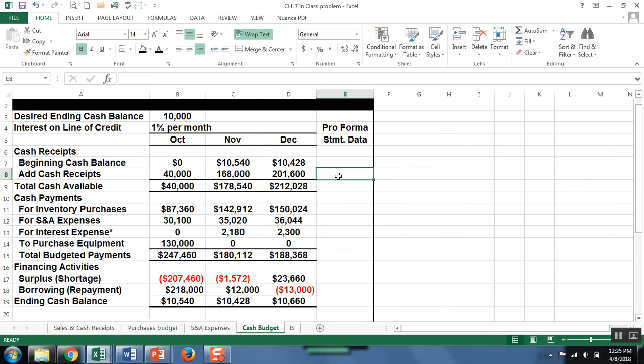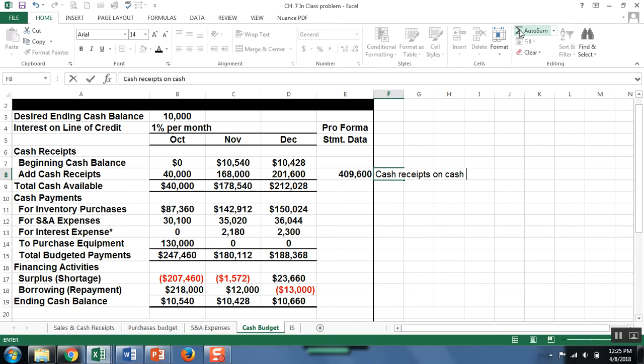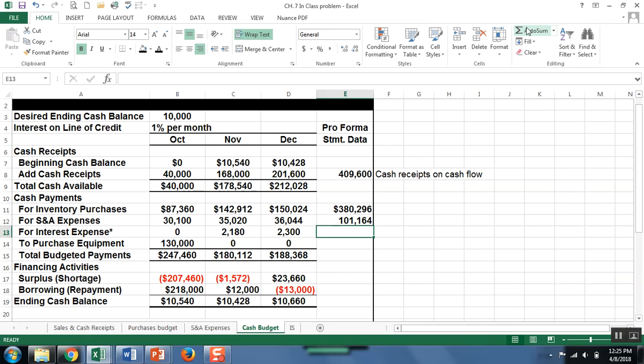We know that this is going to be our total cash receipts on the cash flow statement. So cash receipts on cash flow. This is our total cash payments for inventory on our cash flow statement. These are total cash payments for sales and admin.